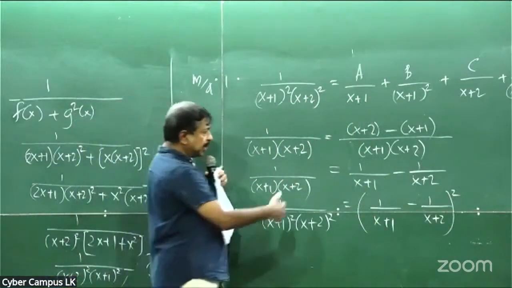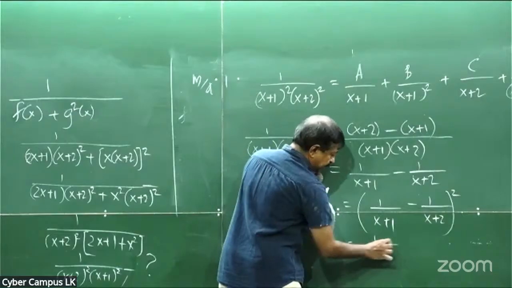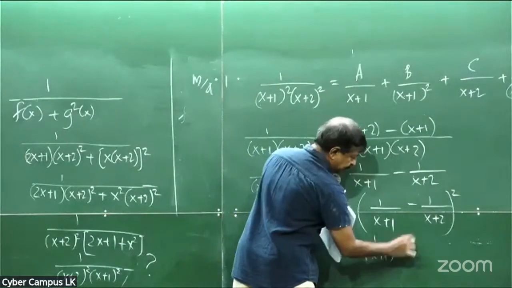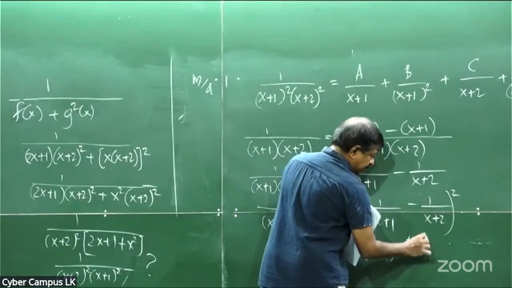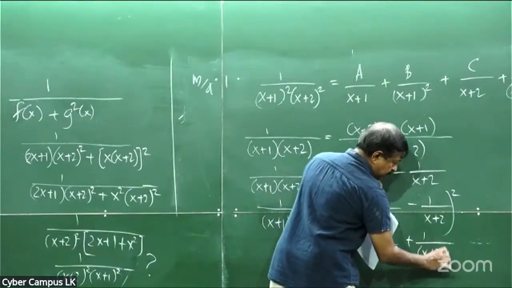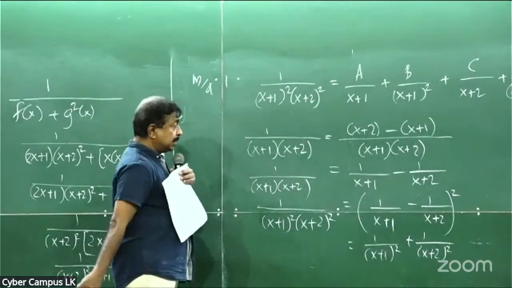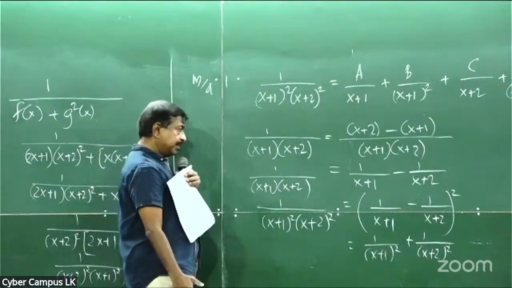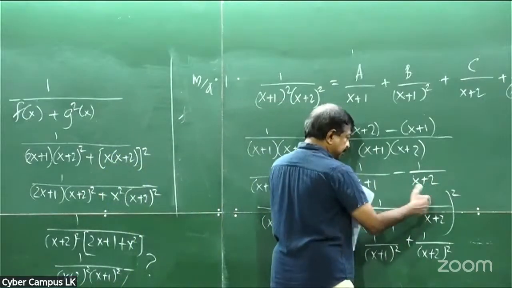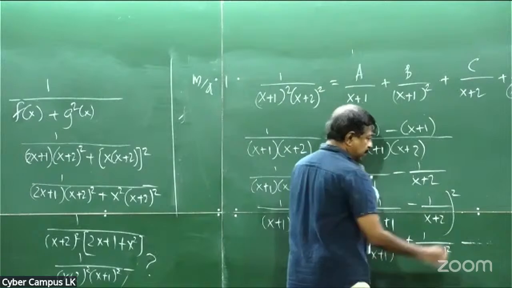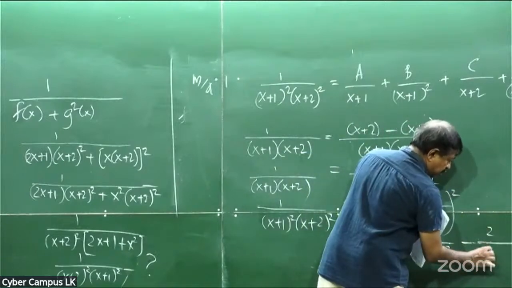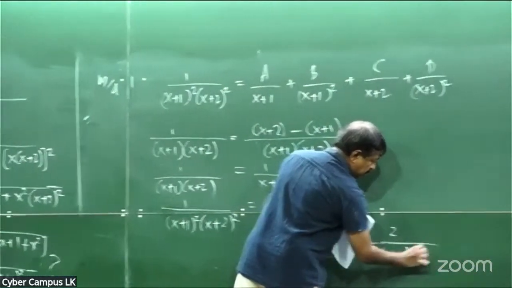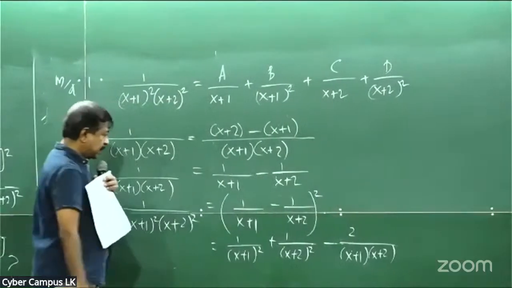Now you know it is like a minus b quantity squared. You square this, then you square that. Then the term in the middle, what is it? 2 times this, but you have a minus sign. Right?